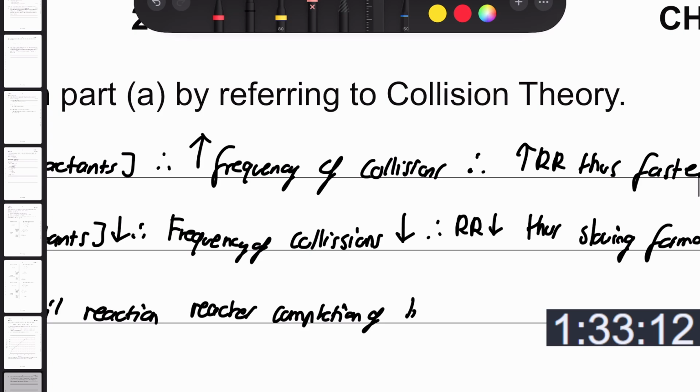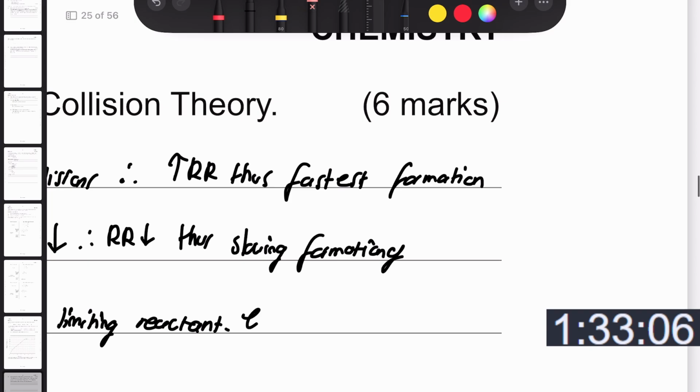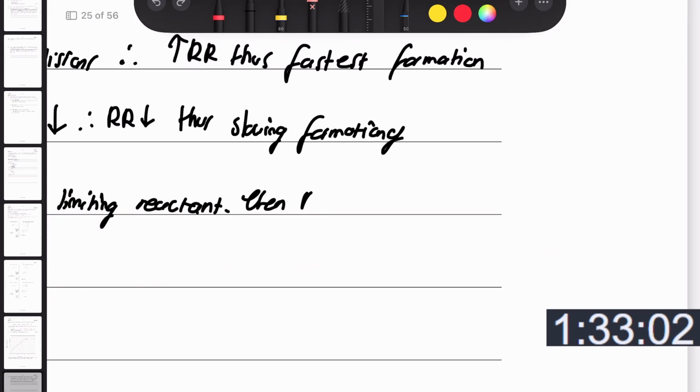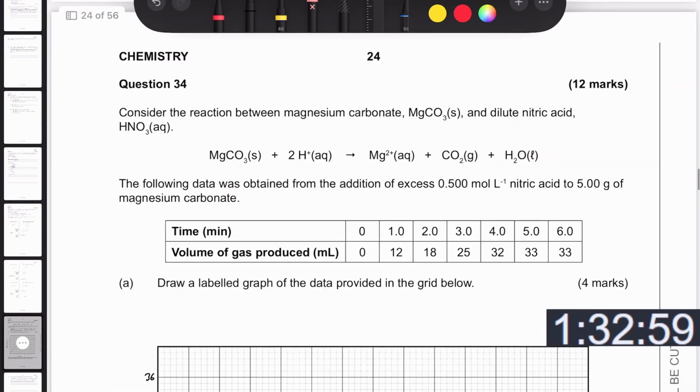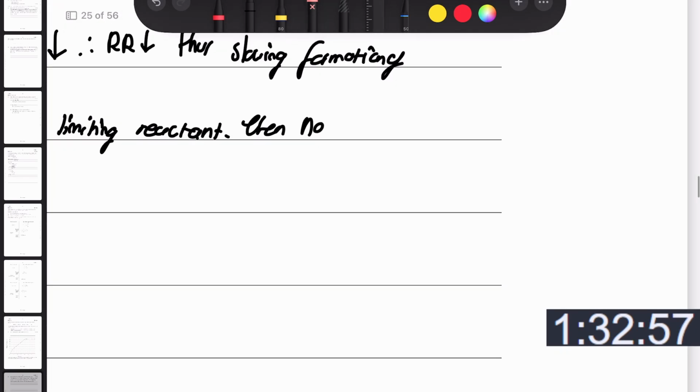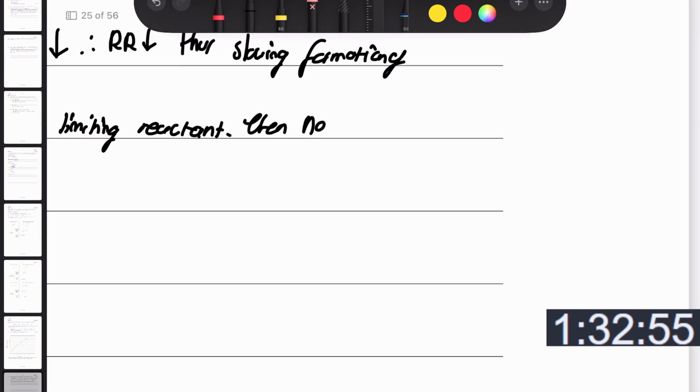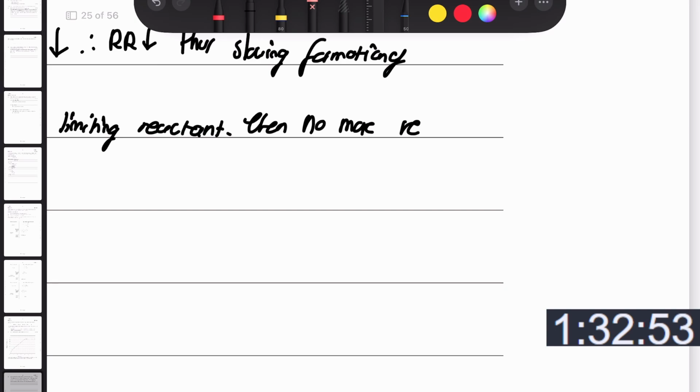Completion due to limits of reactant. Then no, because this isn't reversible. Yeah, okay, it's not reversible. Then no more reactant collisions.